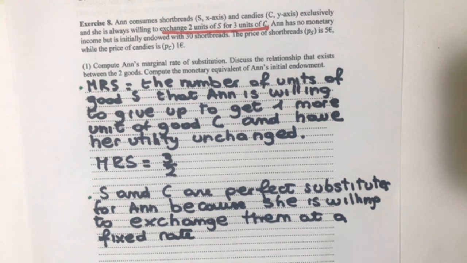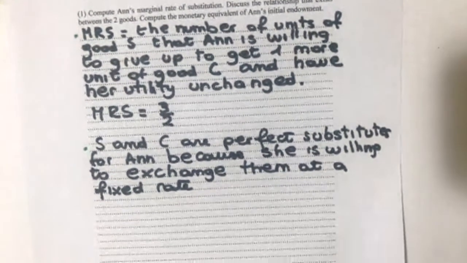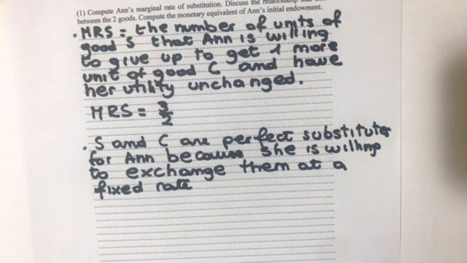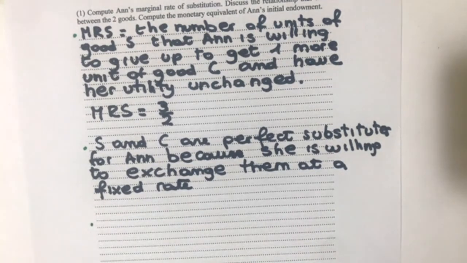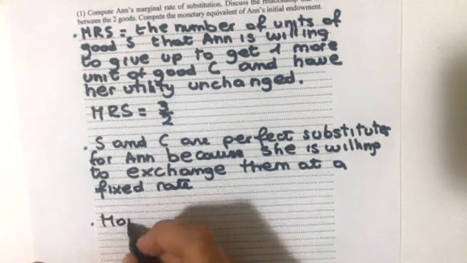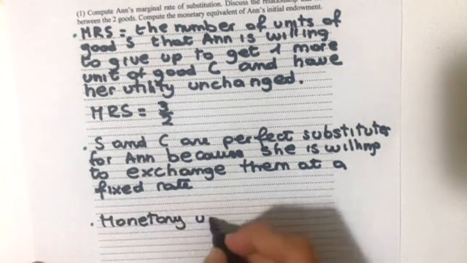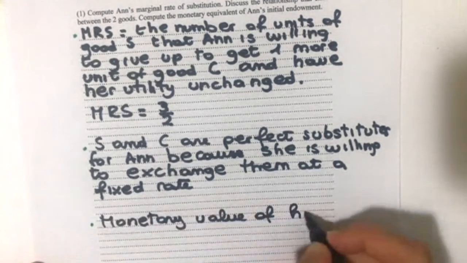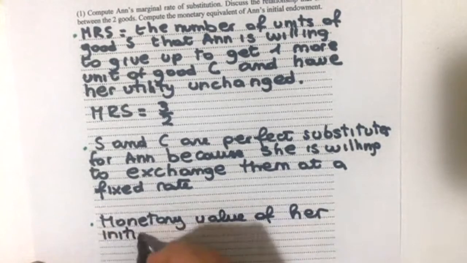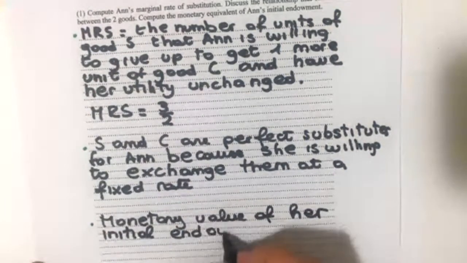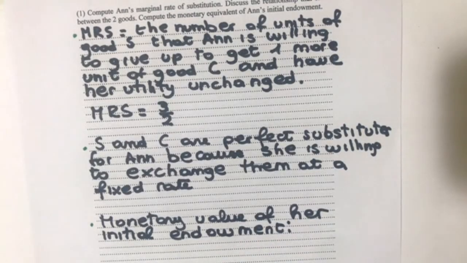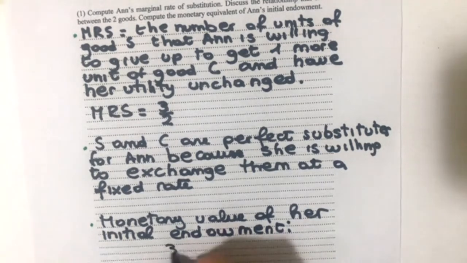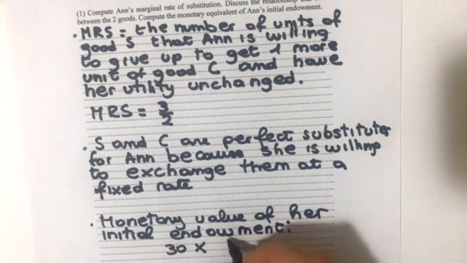Okay, so no doubt they are perfect substitutes. And now we can move to the third part of point 1 and compute the monetary value of her initial endowment. Okay, so the monetary value of her initial endowment is given by the quantity of good S that she has, 30, times their market price, 5.